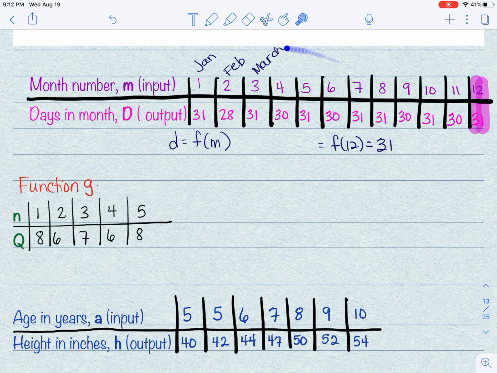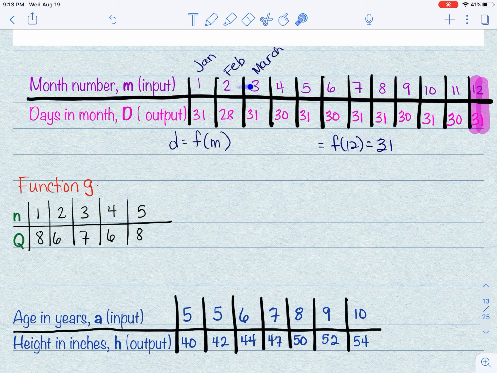Now, let me specify, this table represents the months when it's not a leap year. Because obviously February could be 28 days or it could be 29 days depending on the year. So let's pretend that this table represents a non-leap year. So in this case, February is always 28 days, March is always 31. So yes, this is a function.